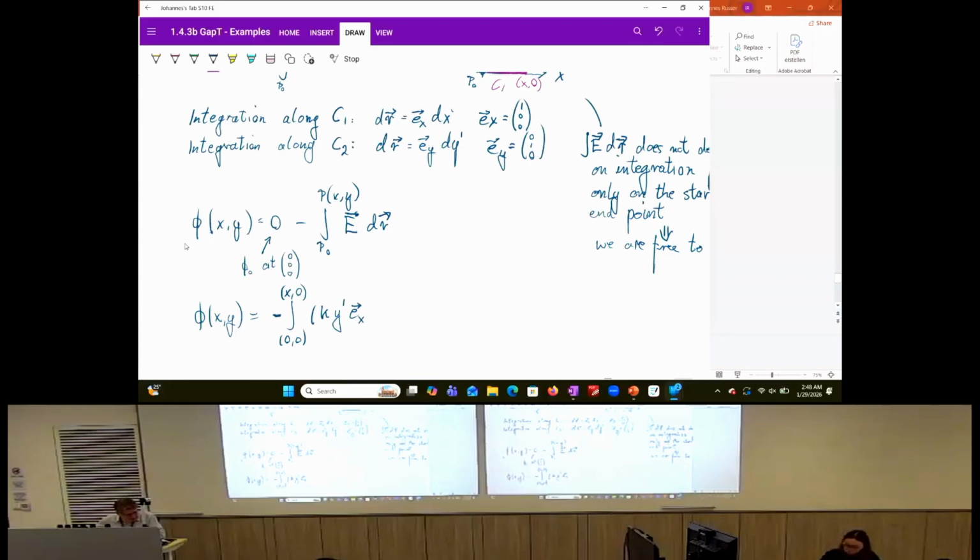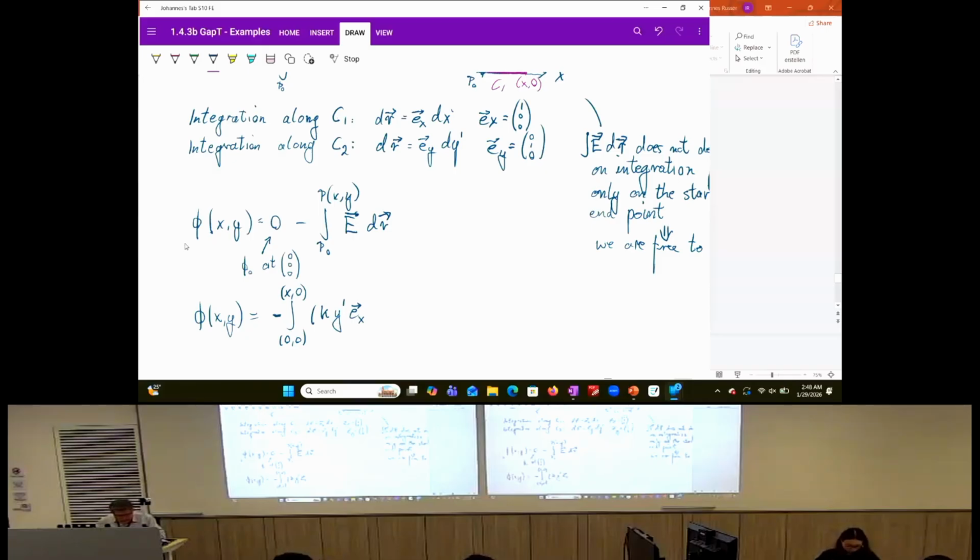I denote it here with y prime because this is the running variable we are integrating over, while I denote the unprimed y basically as our destination point, right? And also for the x, this is a point we are integrating to.